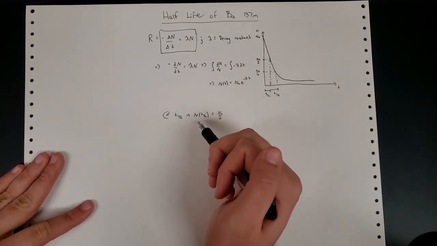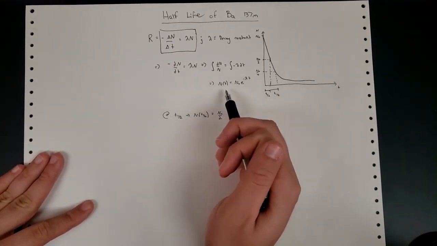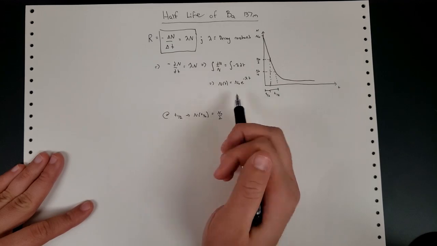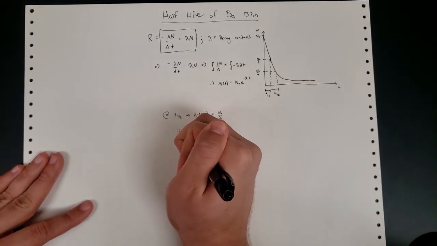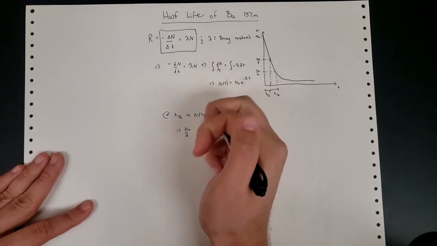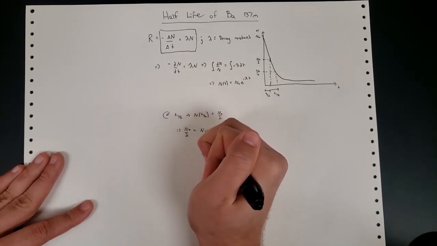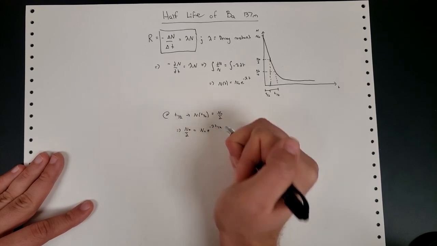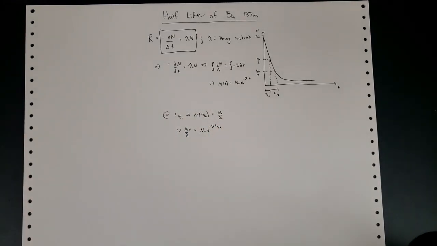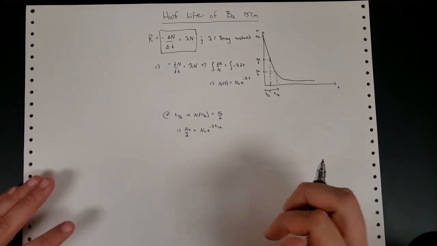So if we take this information and plug it back into our equation for the decay of the parent particles, what we'll get is N naught over 2, instead of N(t), and that's equal to N naught e to the minus lambda t, or the half-life, minus lambda times the half-life.